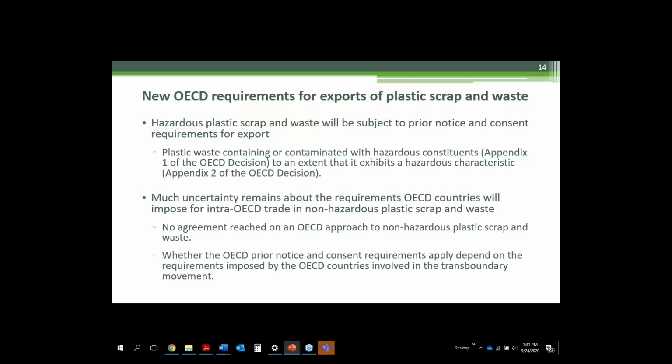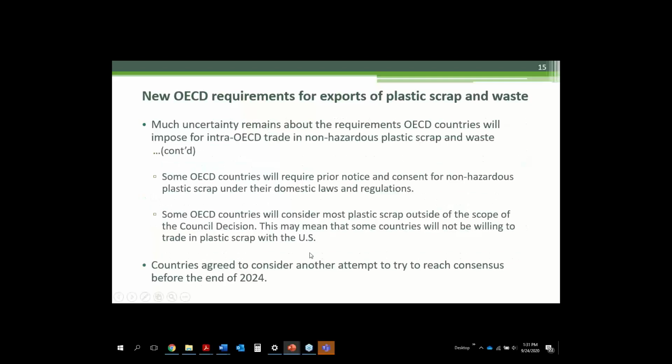And as a result, I think different countries within the OECD are going to apply different controls to the plastic scrap. So there's quite a bit of uncertainty about what requirements the OECD countries are going to apply.